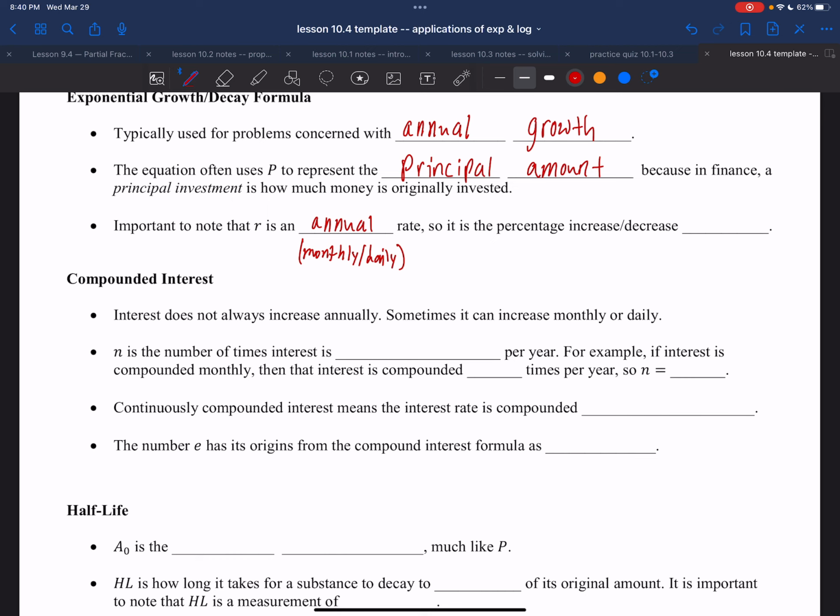Okay? And so we would say that this is a percentage increase or decrease per year. And if it's not per year, it could be per month, it could be per day. But the idea is you're looking at the growth with regard to a particular time frame. Okay? And that's going to differ as we go on.